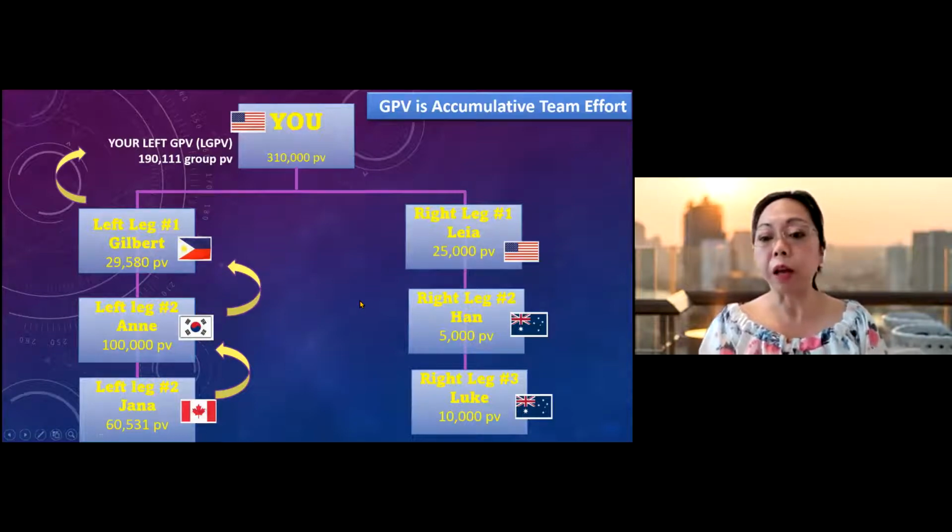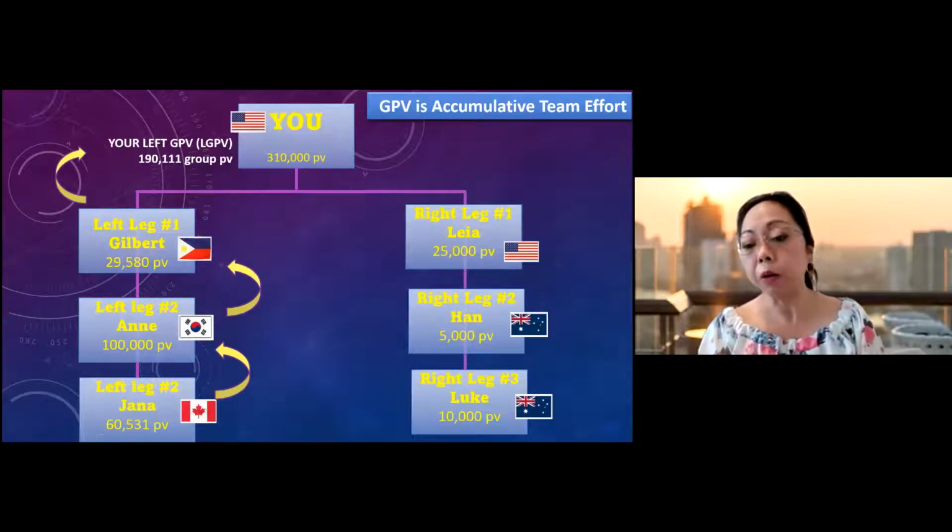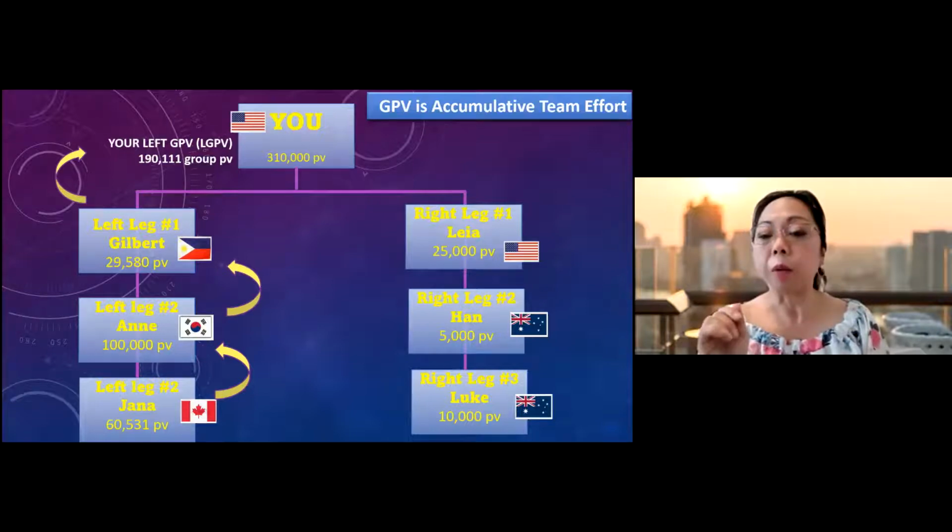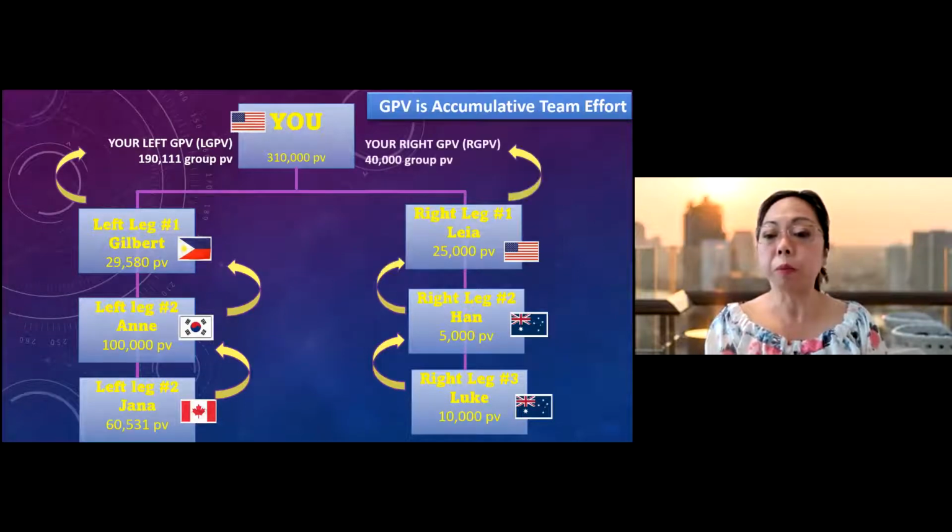So let's say Leah, Han, and Luke were buying products at the same time. Each one of them, all these points will all come up to you and become your right group PV. Okay, so group PV, as a summary, is a cumulative team effort.